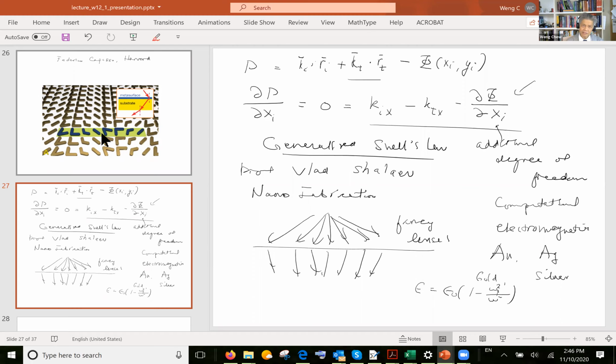You can talk to Professor Shalaev, since he makes these materials in his lab. I think a few of Professor Shalaev's students are also in the class, so you can ask them as well. Is this fair? Yes, thank you, Professor. Does anybody want to give feedback as to what materials you usually use to make these metal surfaces? Anybody from Professor Shalaev's group?